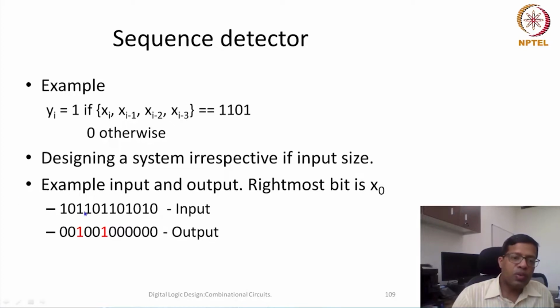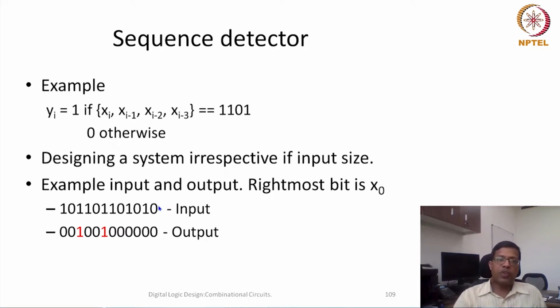But for y9, 1 1 0 1, the pattern is matching, so the output is 1. And for y10 and y11 it is not matching, so the output is 0. So we took an example to see how it works out. Now, if I want to design this, how should I go about it?